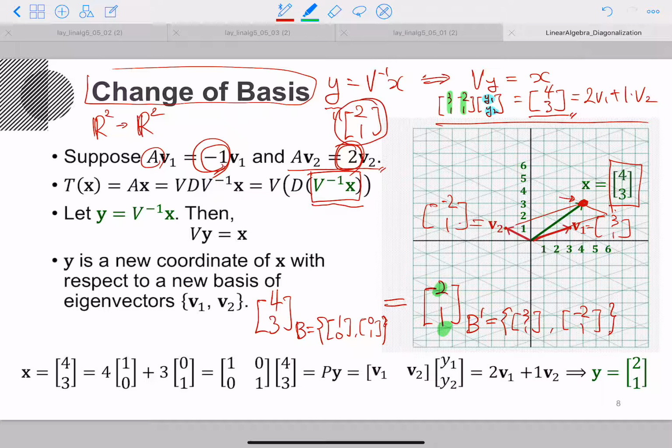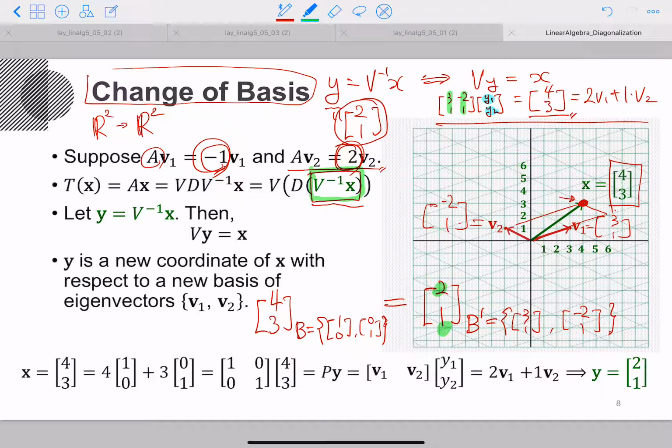So this is the meaning of the first transformation, V inverse times x. We now represent the same point as new coordinates when using the eigenvectors as our basis. Does it make sense?